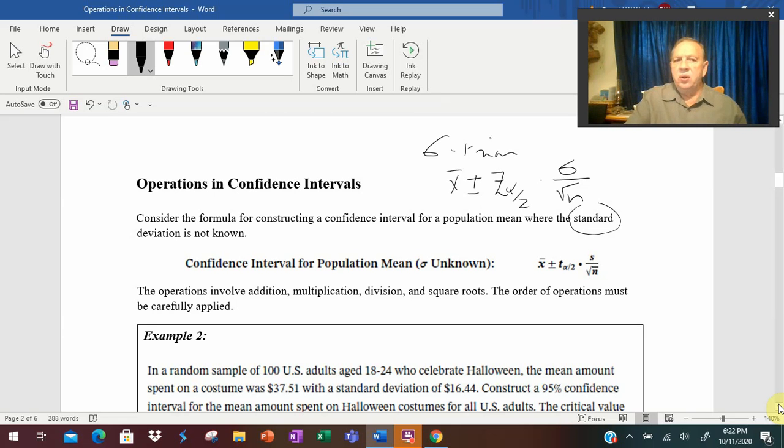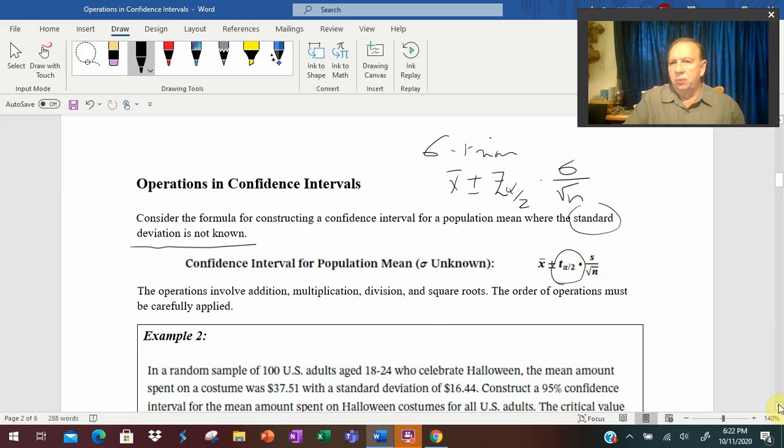But now, what if the standard deviation is not known? In many cases, this is the only one you really spend any time with in class, because this is more realistic for most situations. If you don't know the mean, you probably don't know the standard deviation. So here we're going to use what's called a student's t-distribution.